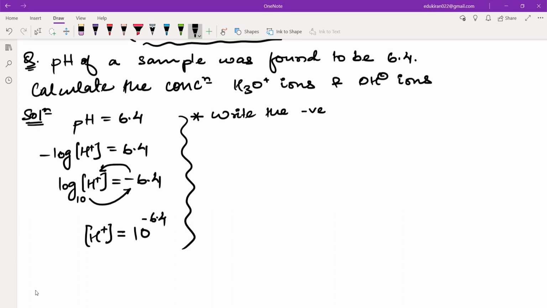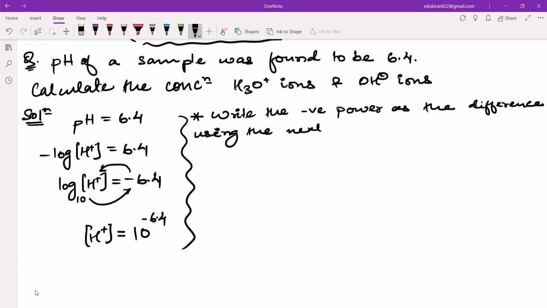Using the negative power as the difference, using the next number. That means I have to write minus 6.4 as something minus 7.